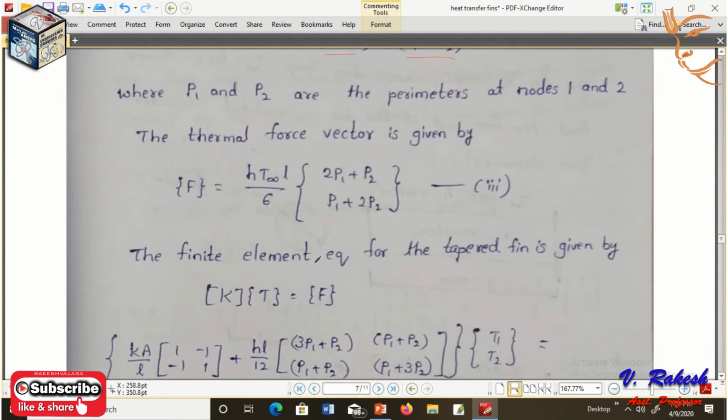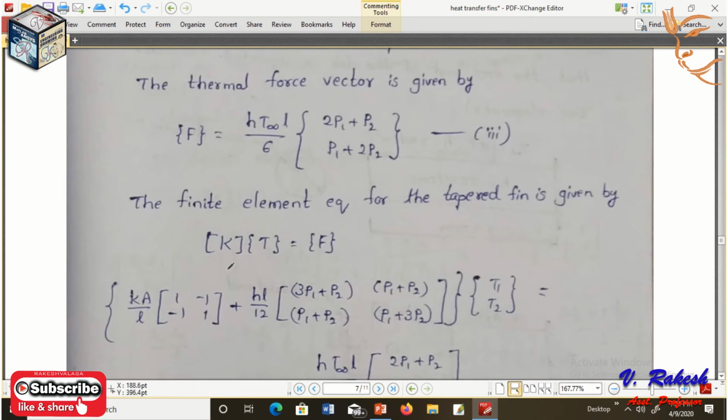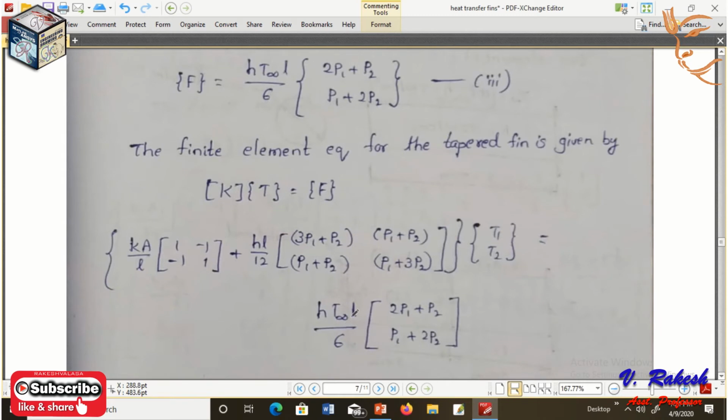Now write finite element equation for tapered fin, given by KT equal F. K is thermal stiffness matrix for tapered fin, that is Ka by L 1 minus 1 minus 1 1 plus HL by 12 3P1 plus P2 P1 plus P2 P1 plus P2 P1 plus 3P2 into T1 T2 equal H T infinity L by 6 into 2P1 plus P2, P1 plus 2P2.